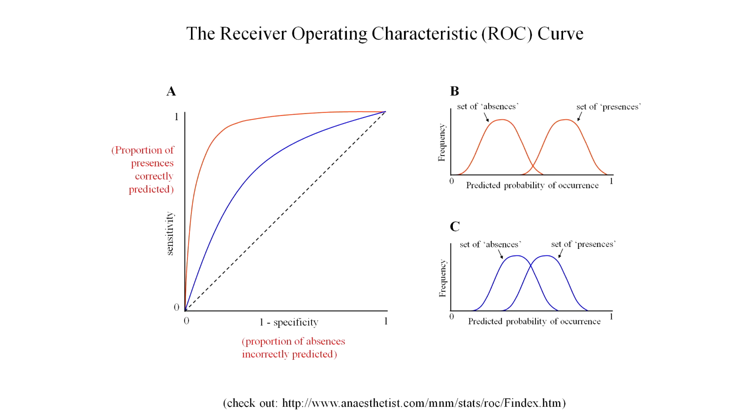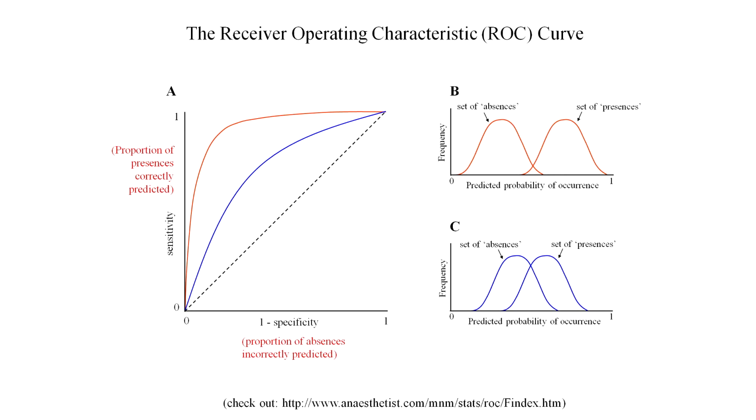We're going to start moving this way along our curve. So our proportion of absences that are incorrectly predicted is going to start dropping off, while our proportion of presences that are correctly predicted is going to stay high. So we're going to start coming along here as we increase the threshold.